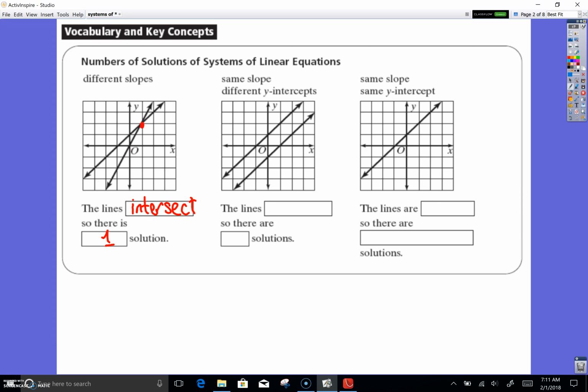The lines are parallel, so there is no solution. You see here, there's a line here, and then there's a line here. Okay, the lines are the same, so there are infinitely many solutions. The word infinite means forever and ever.